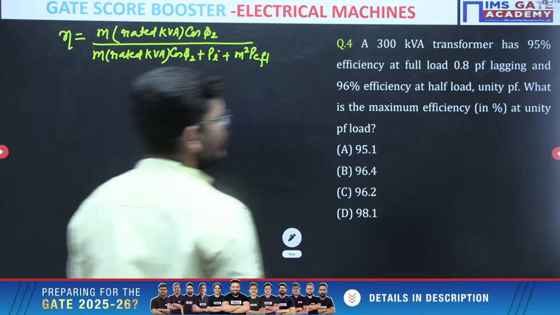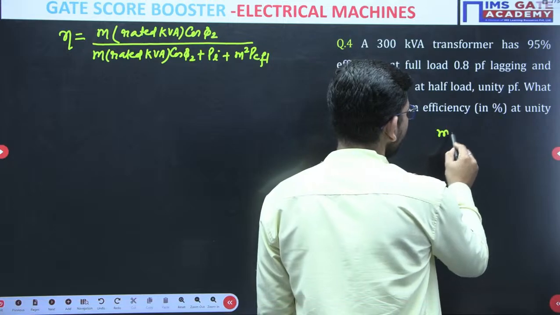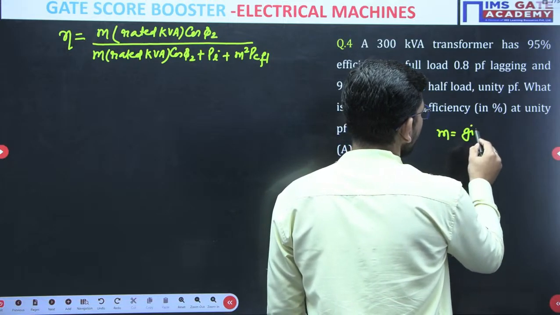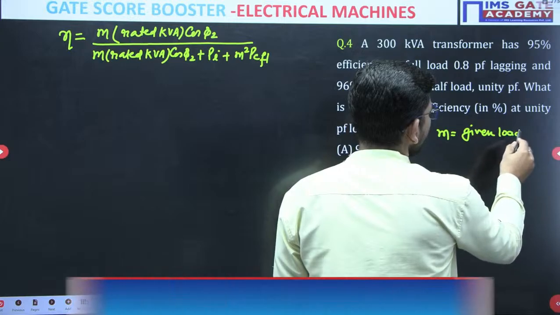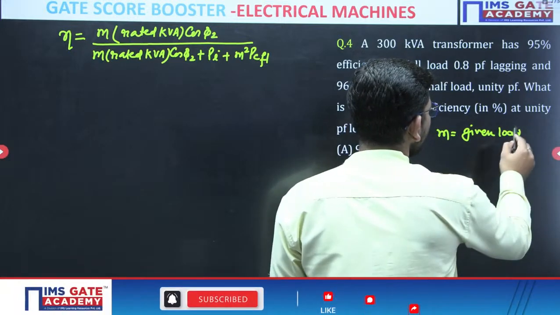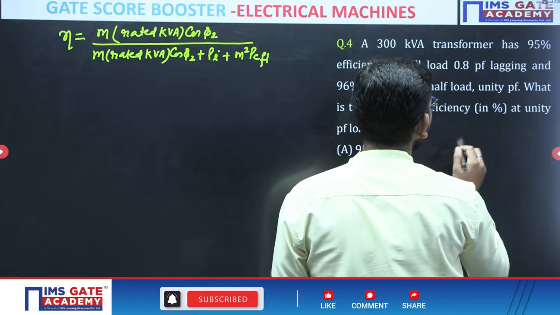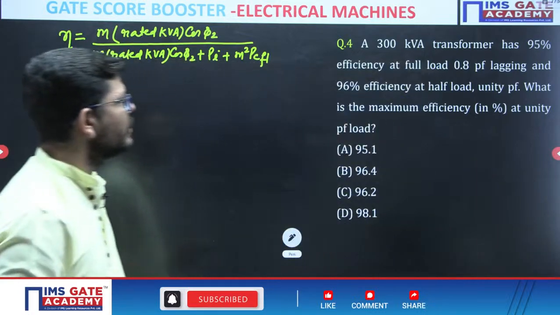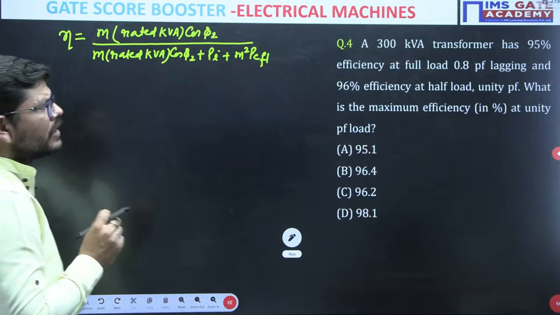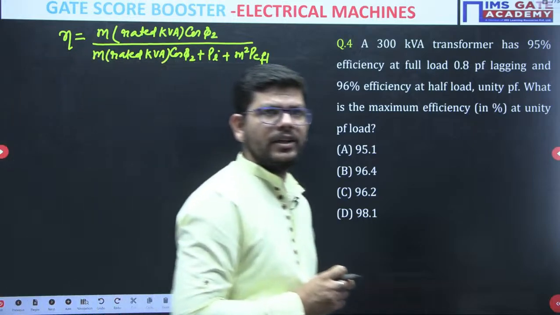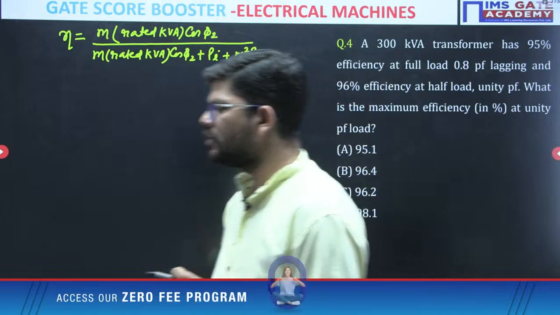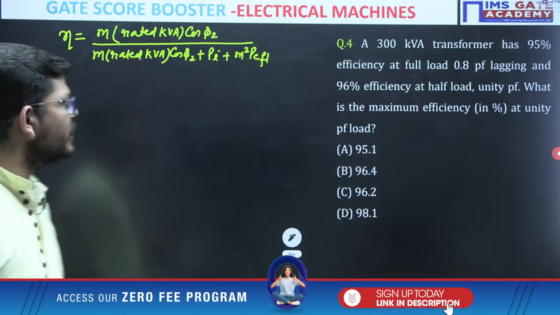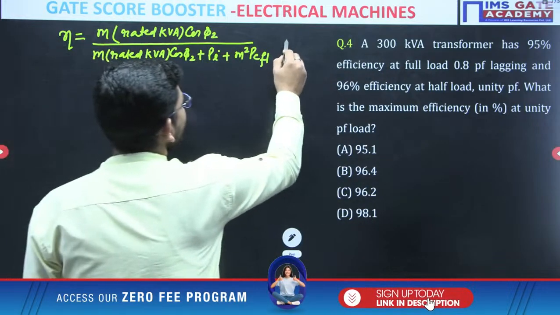What is this M? This M is basically the load factor. No need to define it separately, you can call it the load factor. It is the ratio of actual load to the given load. So this is the formula.